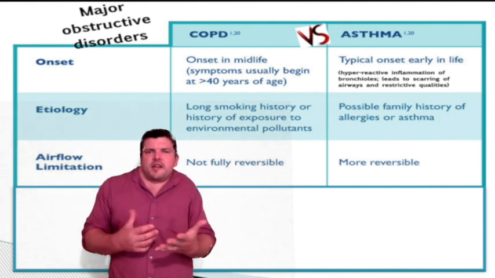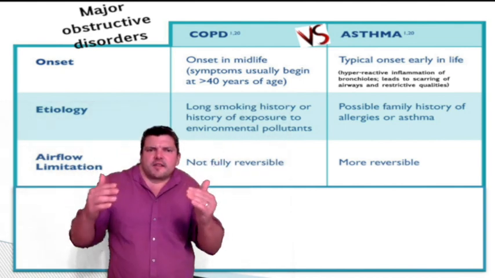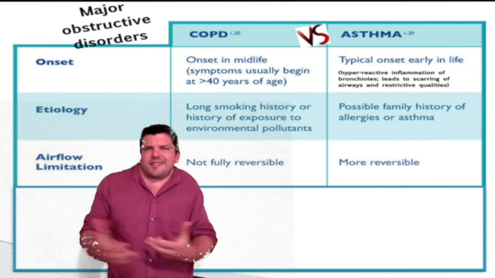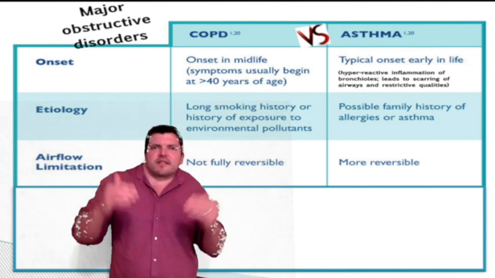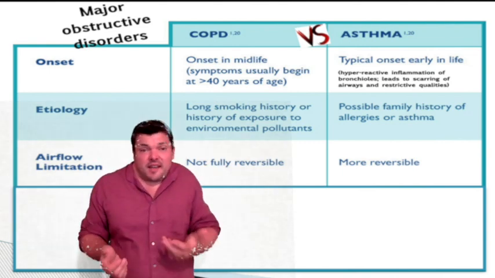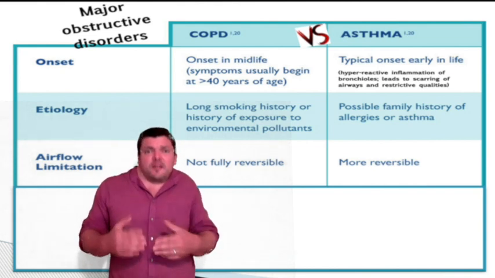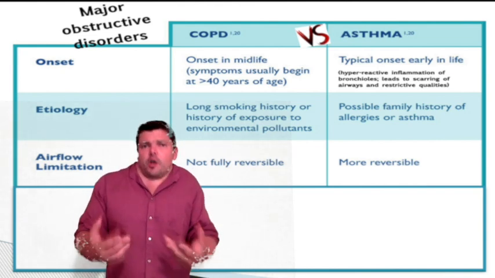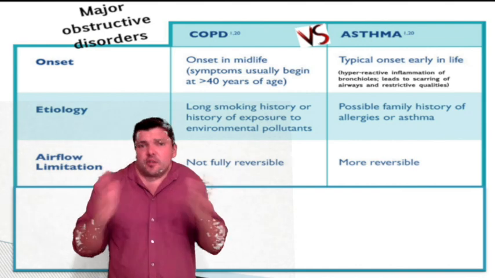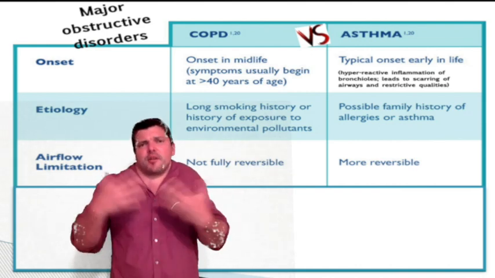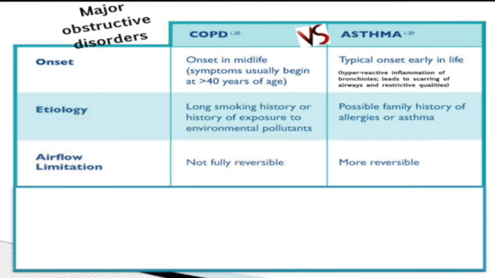In COPD, it's a slow process, but the reversibility of things is not there as things are getting worse. In asthma, that's not the case. Things are generally considered to be fairly reversible once the hypersensitivity is halted, usually through inhaled medication.